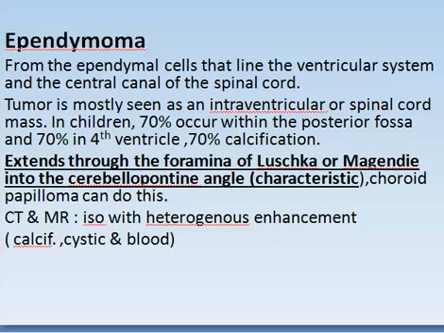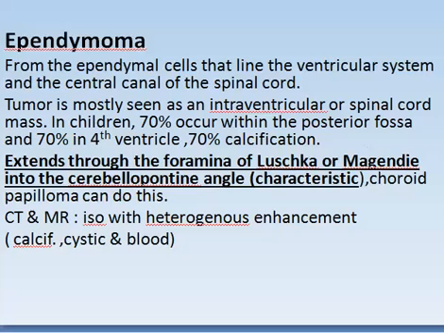Now, ependymoma arises from the cells that line the ventricular system and central canal, and the tumor is mostly seen as an intraventricular or spinal cord mass. In children, 70% are in the posterior fossa, 70% in the fourth ventricle, and 70% will calcify.